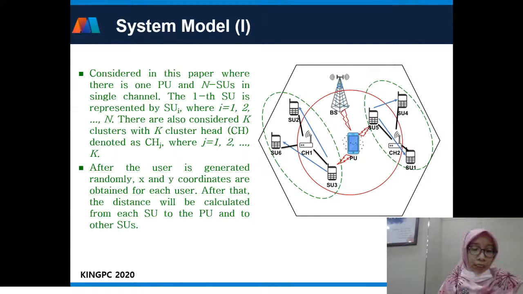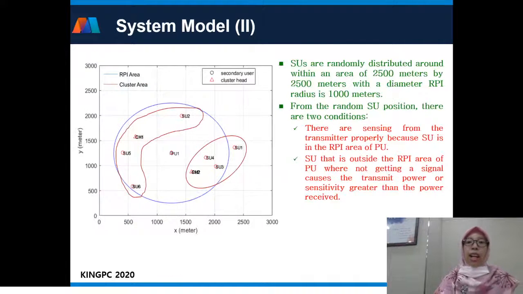After the users are generated randomly by x and y coordinates, the distance is calculated from each secondary user to the primary user and from each secondary user to other secondary users. For this system model, secondary users are randomly distributed around an area of 2,500 meters by 2,500 meters, with a diameter of the RPI area of 1,000 meters.